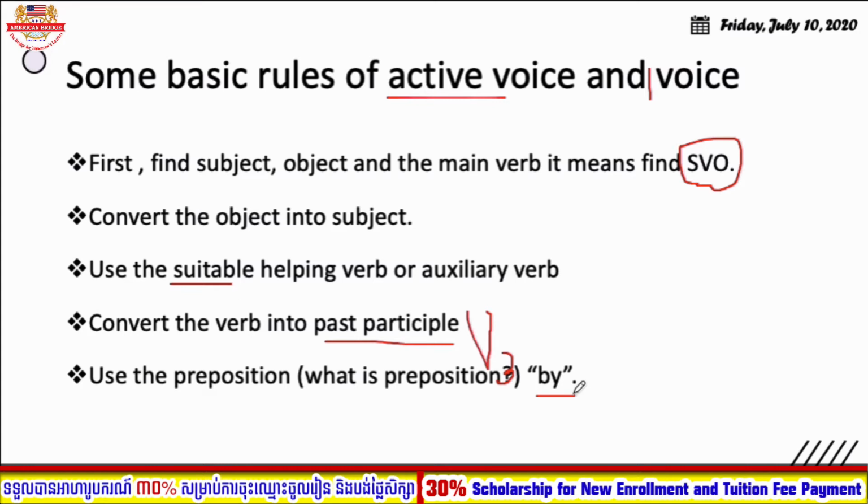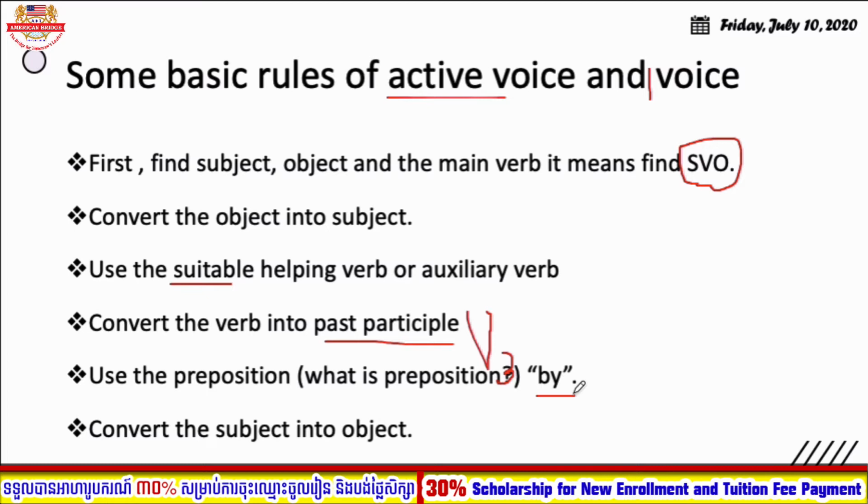Let's say you are writing about the invention of the television, the product, which is the television, and the one who invents the television, both of them are important. So you should include both the subject and the object, whether in the active or in the passive form.